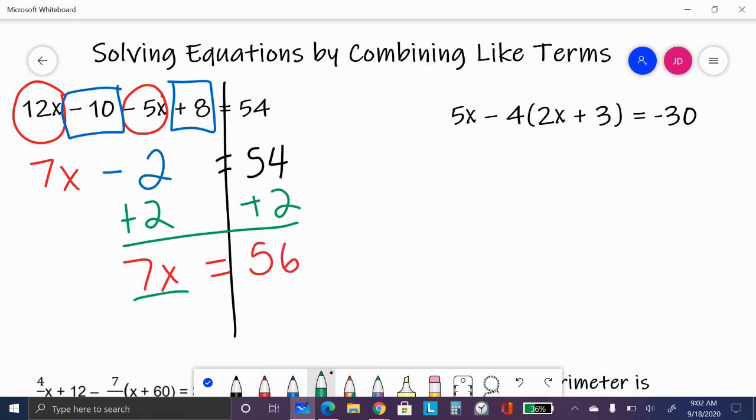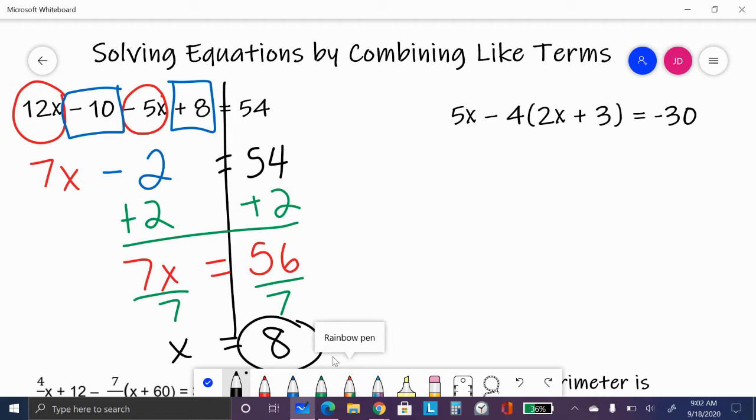Divide both sides by 7, and we get x is 8. And you can check by plugging this back into the original equation and evaluating to see if it all checks out. And it will.